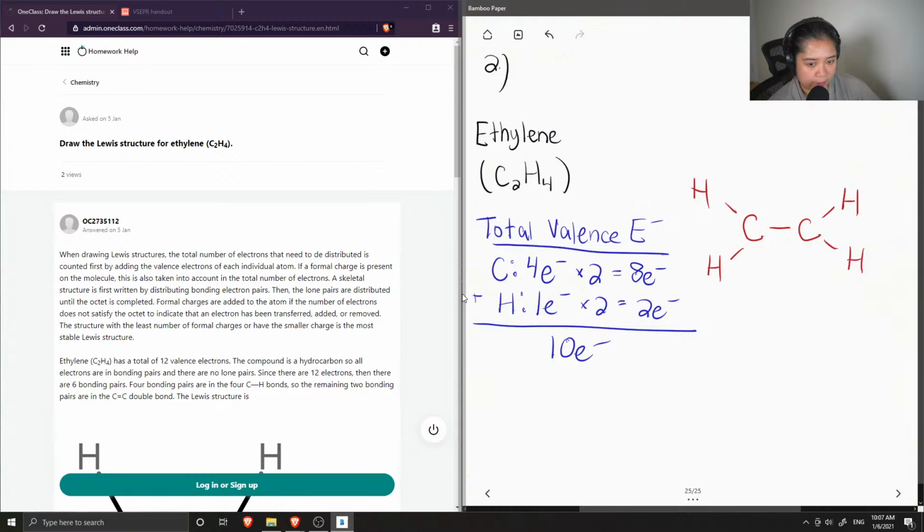But if we look at our carbons, you'll notice that they don't have a full octet yet. So we'll draw a double bond in between the 2, and this is the structure for ethylene.